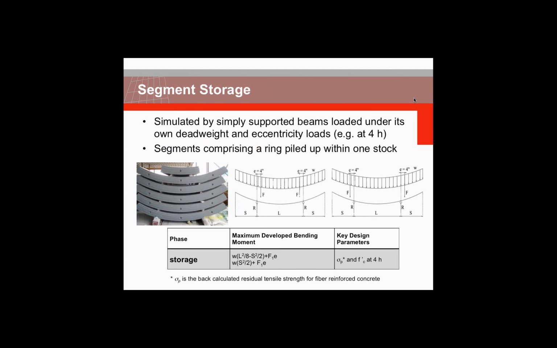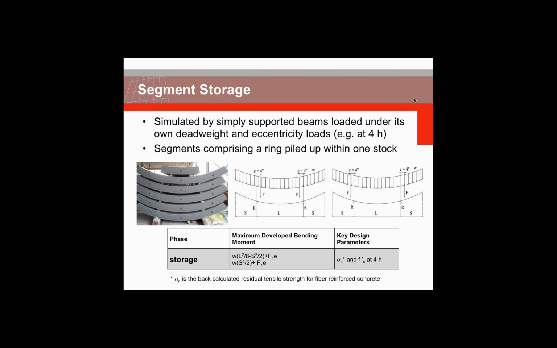Segment storage is the next loading case which may govern. Segment storage happens right after demolding, so 3 to 4 hours strength should be used for this design. Usually all the segments comprising the full ring are piled up within one stack using blocking support. Focus of the design should be on the bottom segments, the reason being that it is possible to have the dead weight of the above segment eccentrically applied on the bottom segment.